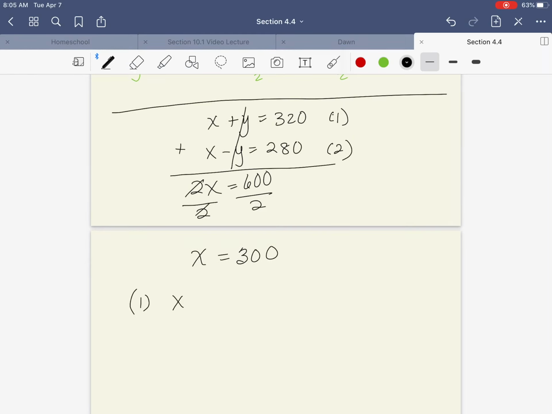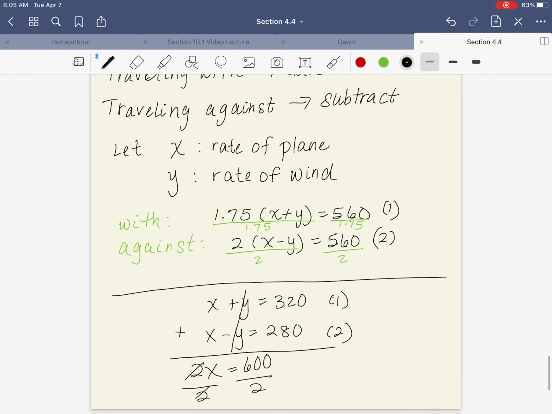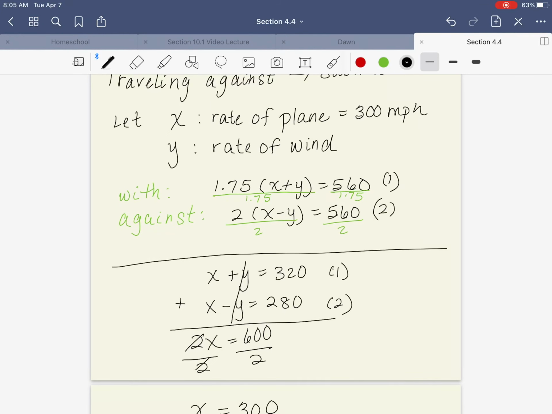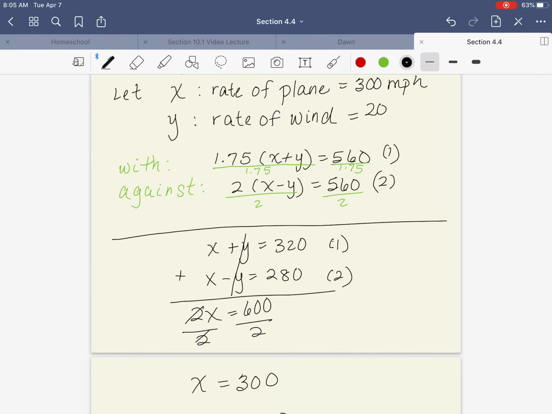I'll plug it into equation 1. So 300 plus y equals 320. Subtract 300. We get y is equal to 20. So the speed of the plane is 300 miles per hour. And the speed of the wind is 20 miles per hour.